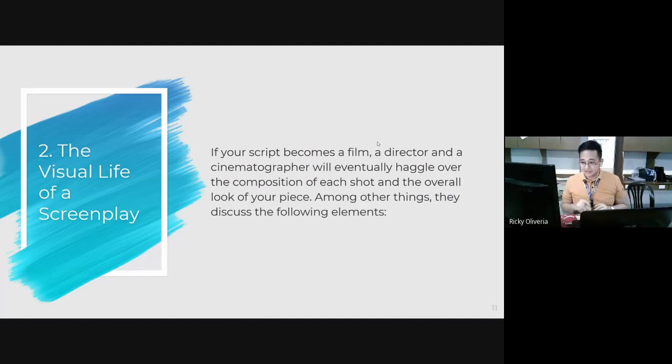Tatanungin na yan ng mga cinematographer, ng director, what particular shots are we going to do, what particular scenes are we going to highlight, and so on. These are the elements that they might discuss if your script will be adapted.